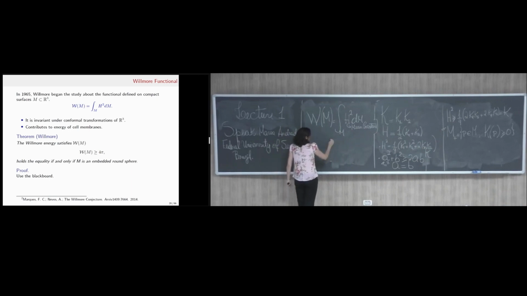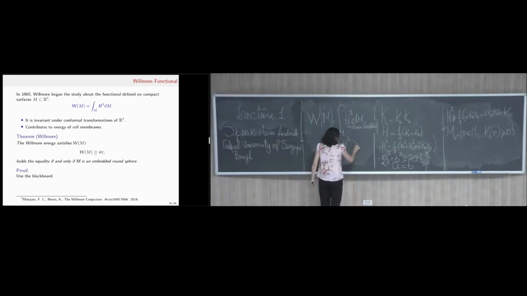This is of course bigger or equal to this expression. I forgot here the area elements, okay? But this expression is now bigger than this expression. Why? Because I have proved this, okay?